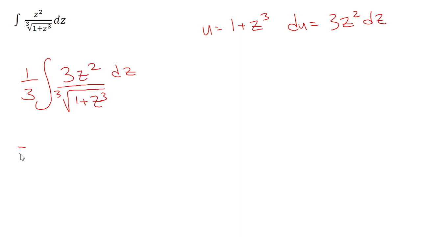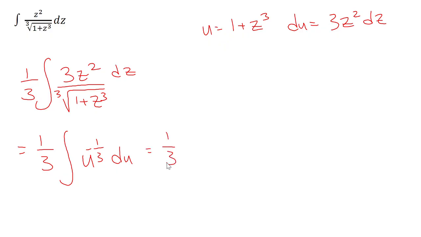Now we can rewrite this as 1/3 of the integral of, we're going to have du from our 3z squared dz, and then we have a cube root of u in the denominator, which is the same as u to the negative 1/3. So we're integrating u to the negative 1/3 du with that 1/3 out in front.